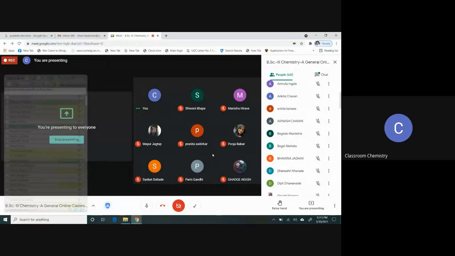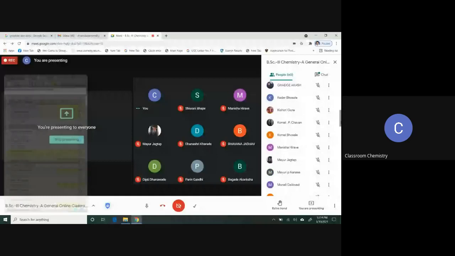Bagde Akanksha. Present, sir. Bagal Akshata. Bhavna Jadhav. Present, sir. Dhanashree Kharade. Present, sir. Dipti Dhanavde. Present, sir. Gayatri Kanse.